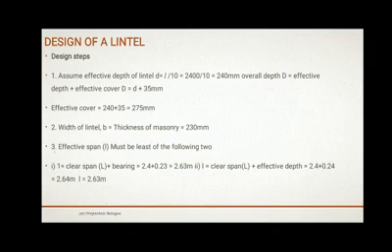So overall depth 240 plus 35 is 275. Now width we are taking as 230. Effective span is equal to the least of the two. So substituting the values in those two, we get L is equal to 2.63.